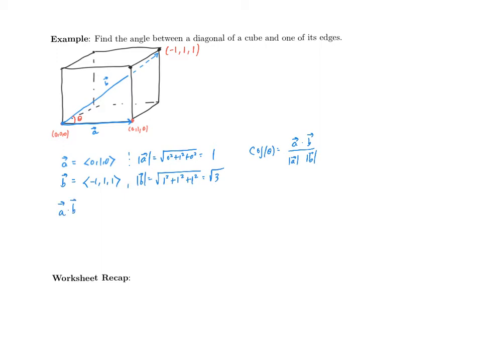Additionally, A dotted with B is 0 times -1 plus 1 times 1 plus 0 times 1, which is 1. So we very quickly have these key ingredients, and let's substitute those in. A dotted with B is 1, magnitude of A is 1, magnitude of B is square root of 3.